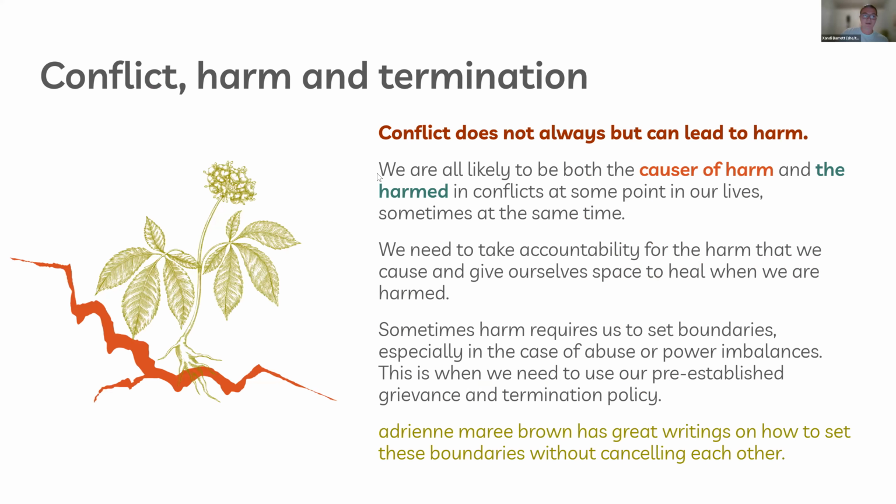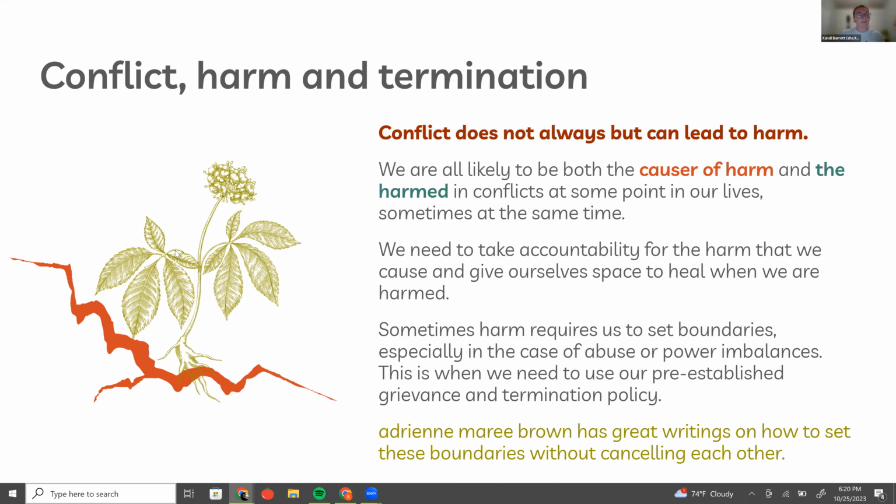And then lastly, thinking about conflict and harm, sometimes we don't want to dispose of each other, but sometimes relationships do need to have boundaries and termination. Conflict doesn't always lead to harm. Sometimes it's an easier conflict where you're just disagreeing on whether you like ice cream or cookies, and you can move through that without harm to anyone.